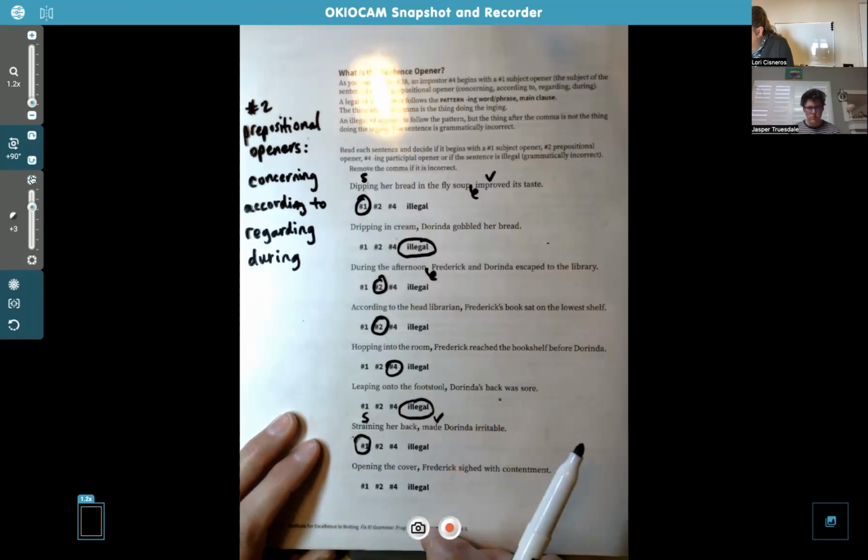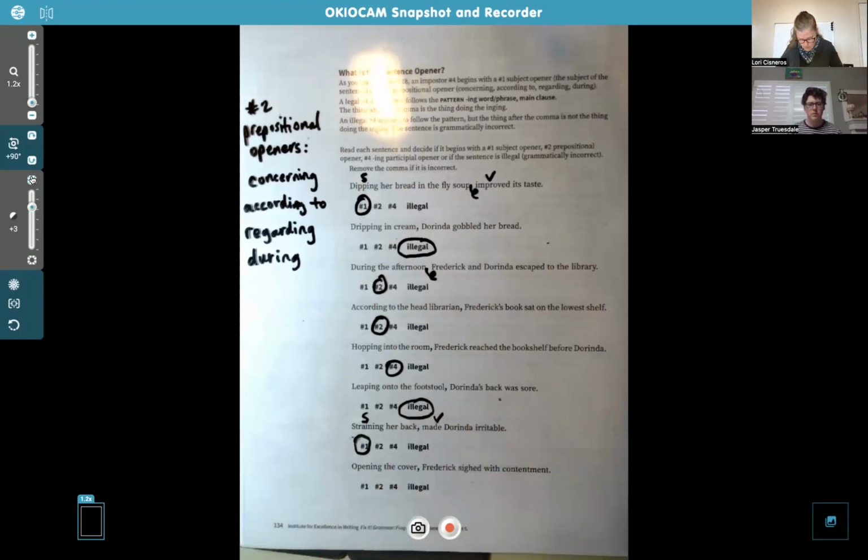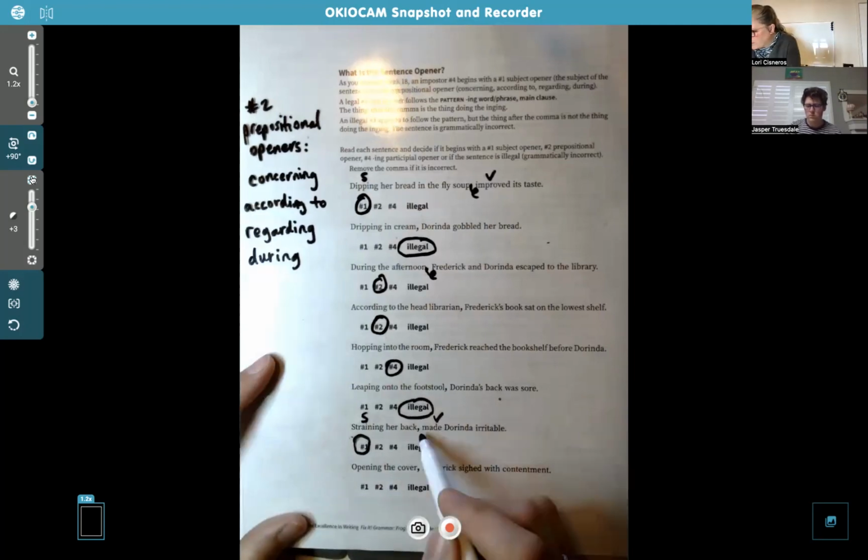You don't need a comma after this one. Let me read the note here. Straining is the subject, made is the verb, it's a number 1 subject opener. Remove the comma. So whenever you have a subject opener, you just don't need a comma.